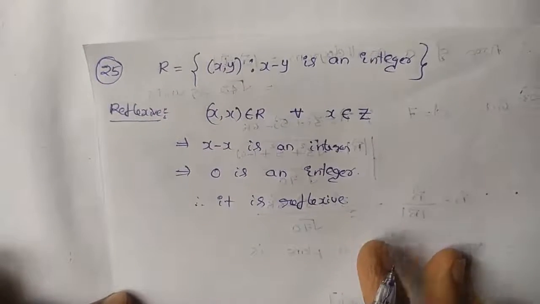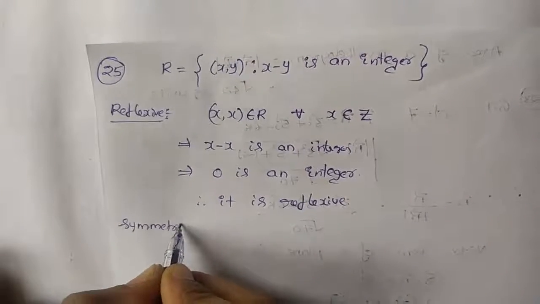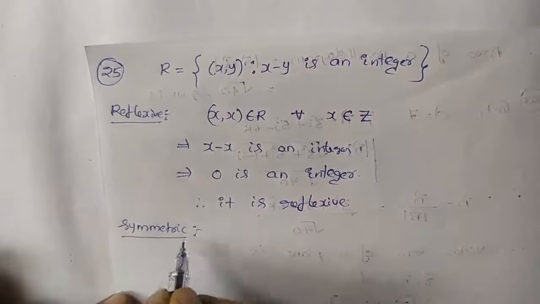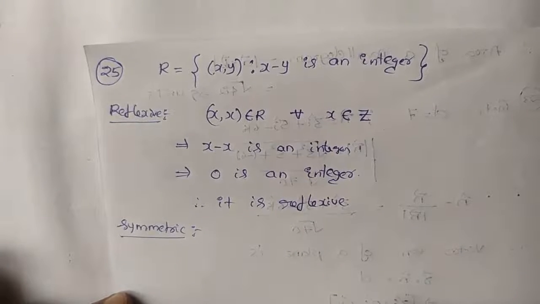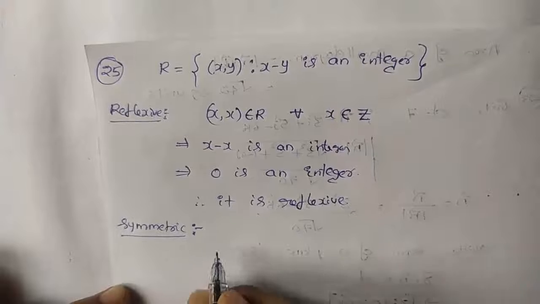Next, what about symmetric? Symmetric is nothing but A comma B belongs to R, then B comma A belongs to R. You need to remember the definitions of reflexive, symmetric and transitive.